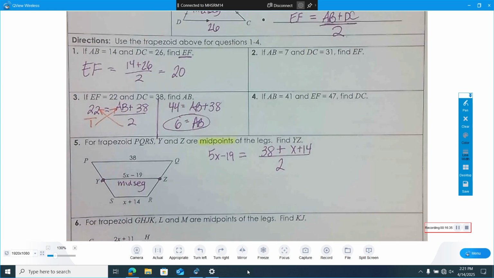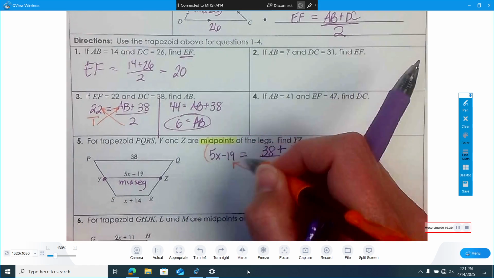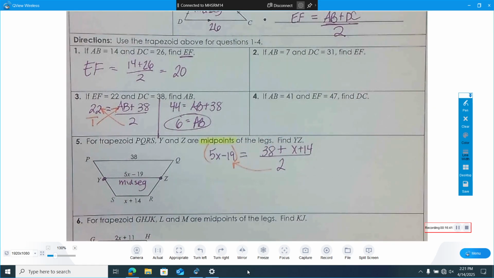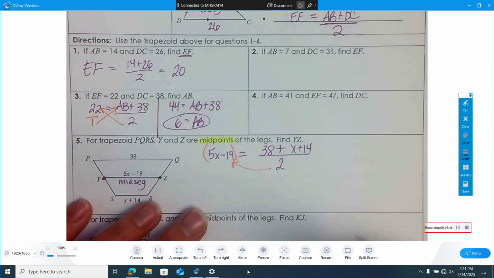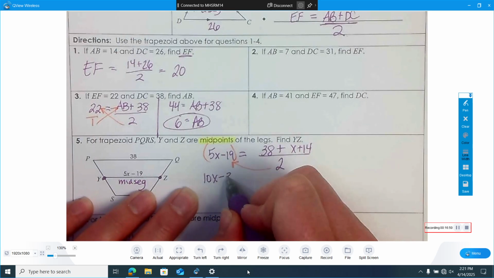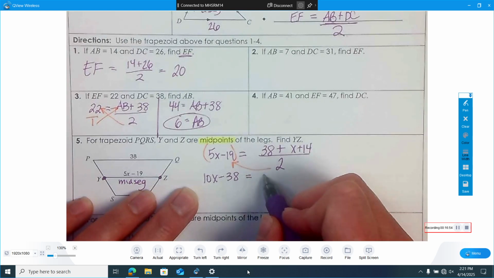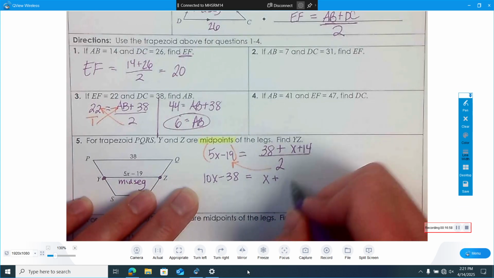What do I do with this divide by 2? Yeah, cross multiply. And remember, we have to multiply the entire left-hand side. So 5x minus 19 is going to get doubled, and what does it turn into? Good. 10x minus 38 equals x plus 38 plus 14, which is 52.